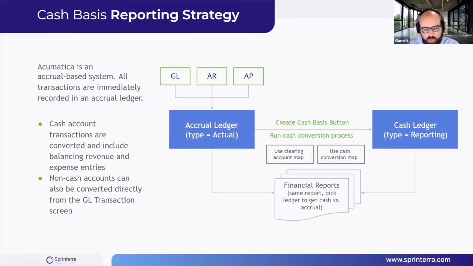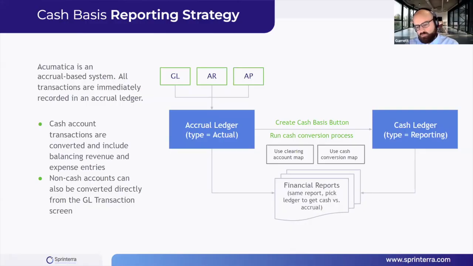You're probably familiar, but a standard financial report in Acumatica is going to give you the ability to say this report should reference ledger A, ledger B, ledger C, etc. So when you're running financials in Acumatica, you'll have the ability to choose whether you want to run this from the accrual perspective, or if you want to run it from the cash basis perspective, you would simply select the cash basis ledger, run the report from that perspective, and you'd be good to go.